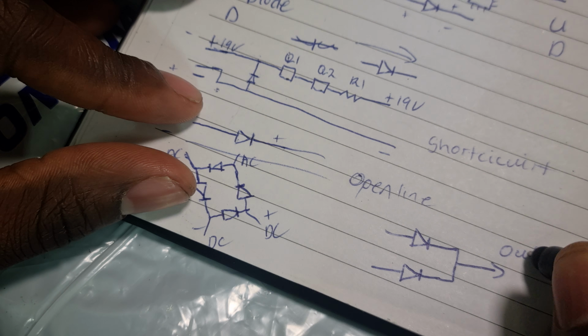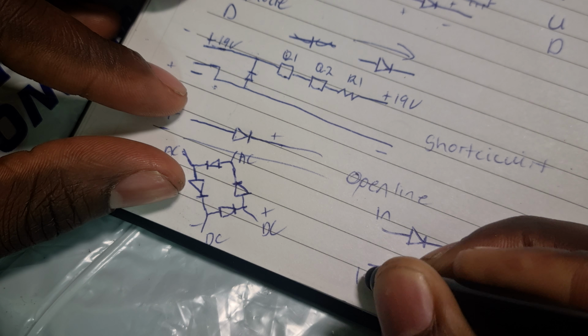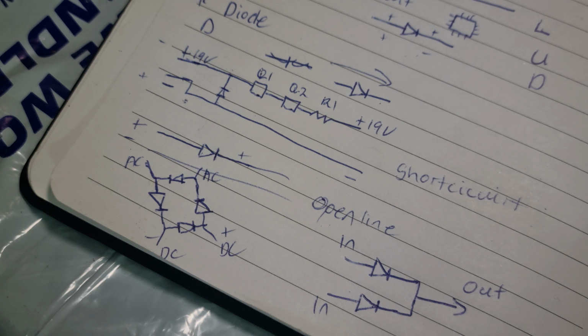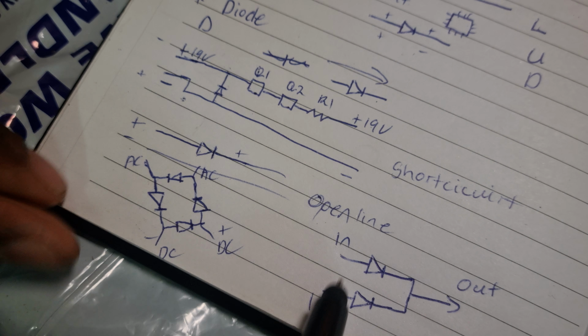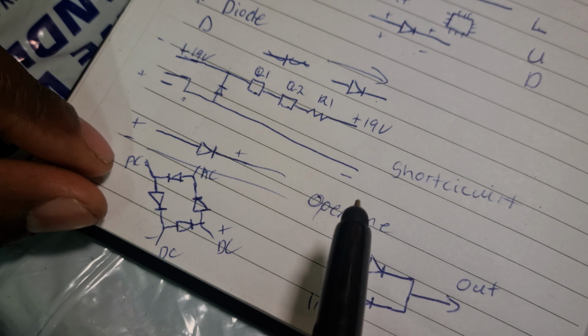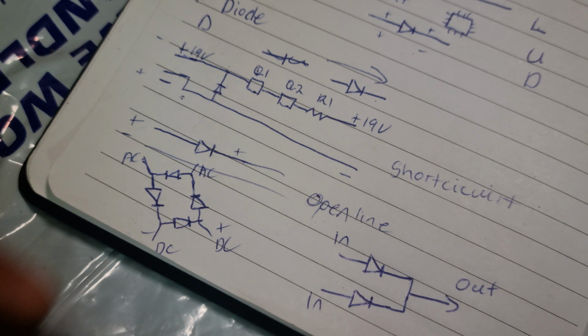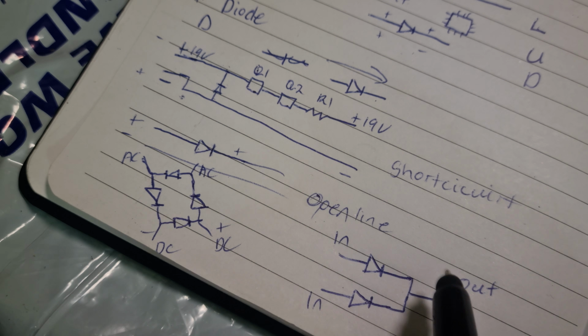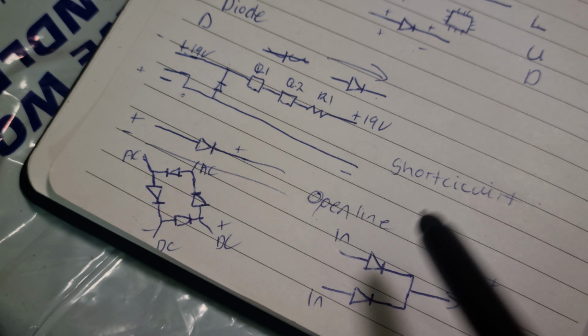So this is out, this is in, this is in. The way it works is that with this double diode, you could have power coming in. It's an OR gate. Either 1 or 2 is achieved for you to get an output. It's an OR gate. So basically it will be using 2 diodes.